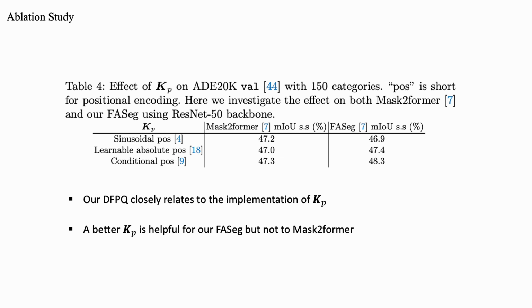We next show that since our DFPQ closely relates to the implementation of KP, which is the patch positional encoding, a better KP is very helpful for our FA-Seg, but not for Mask2Former.